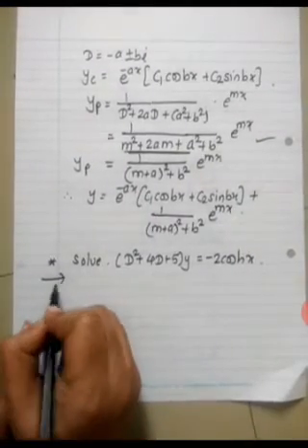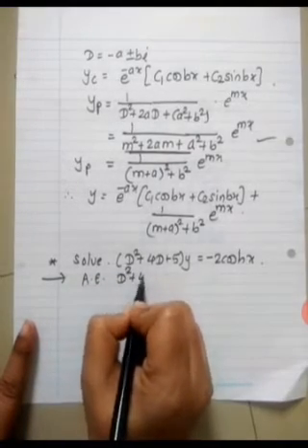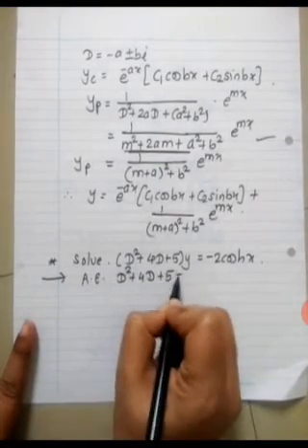First of all, write its auxiliary equation: D square plus 4D plus 5 equal to 0.